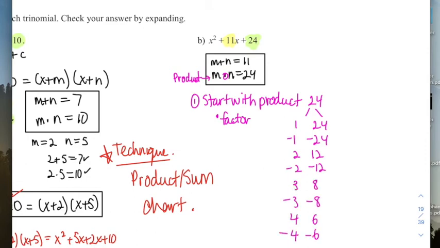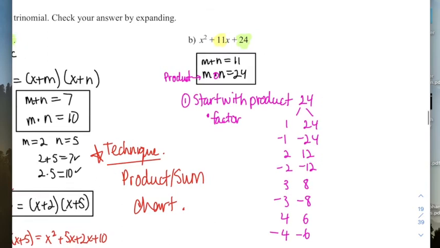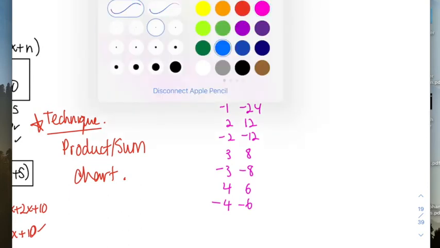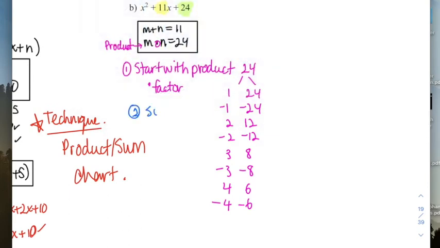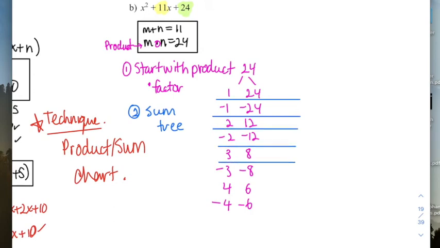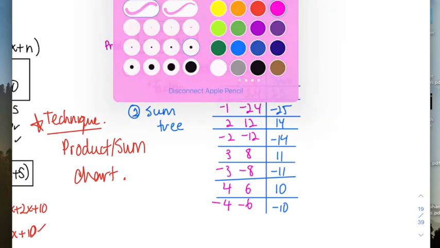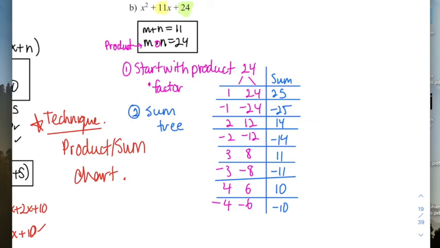Once you do a lot of these, you won't have to do all this work. But my second step is to sum the tree, sum all the factors in the tree. And the last thing I need to do is compare this to the one that I want. I want my sum to be 11.